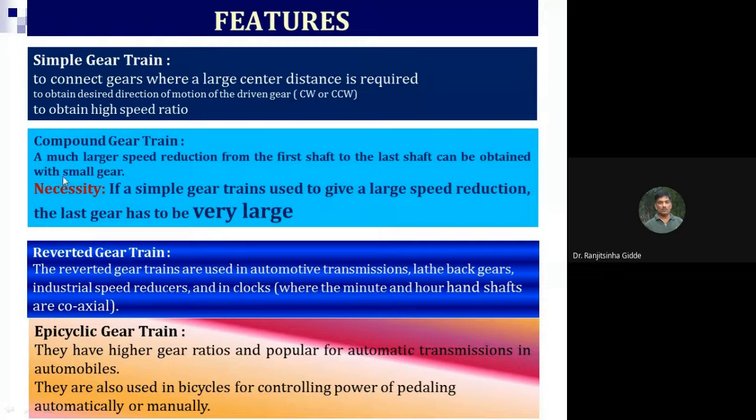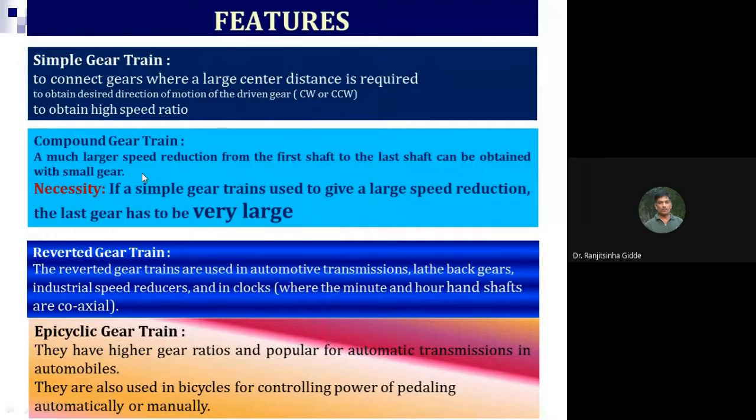Then in case of compound gear train, it is used where a larger speed reduction or larger speed increase is required. For example, if the input speed is 5000 rpm and we want to reduce its speed to 50 rpm, in that case compound gear trains are used.